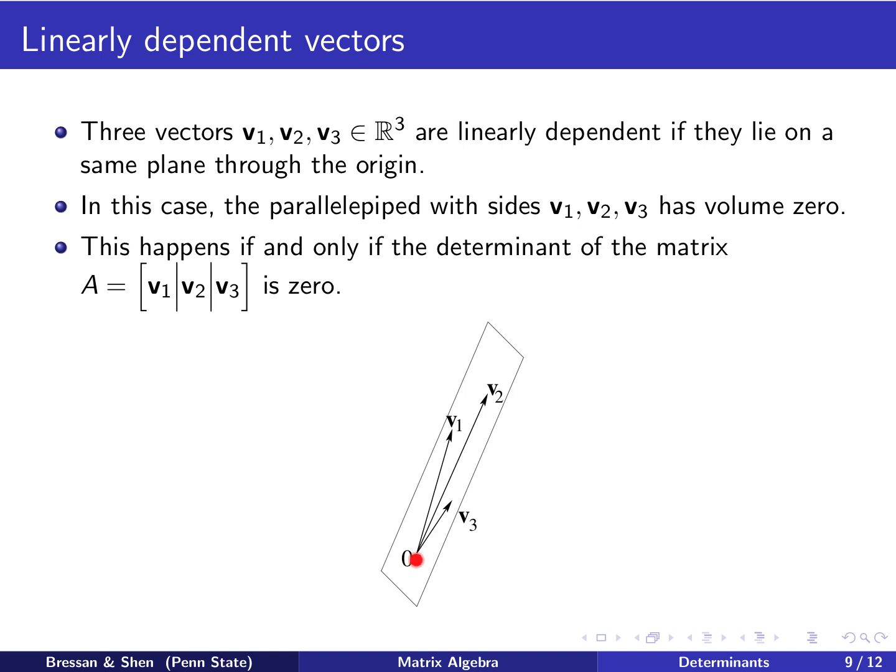For example, here's the origin, and you have v1 and v2, and they already uniquely determine a plane through the origin. And if v3 is also lying in that plane, that means all three of these vectors lie in this two-dimensional plane, and therefore they must be linearly dependent.